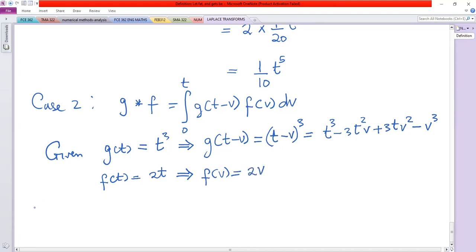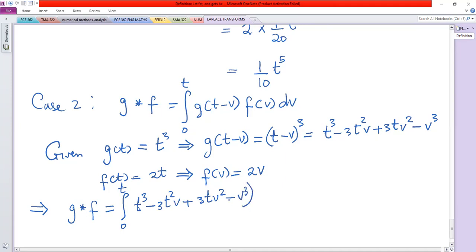Therefore, g convoluted with f will be the integral from 0 to t of g of t minus v, which is t power 3 minus 3t squared v plus 3t v squared minus v power 3, multiplied by f of v, which is 2v, dv.